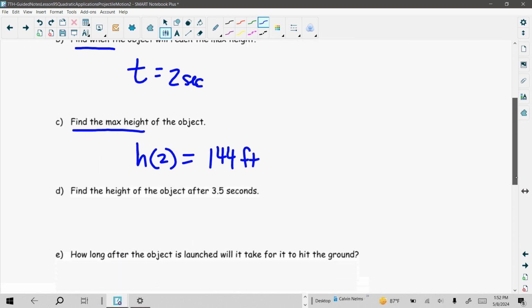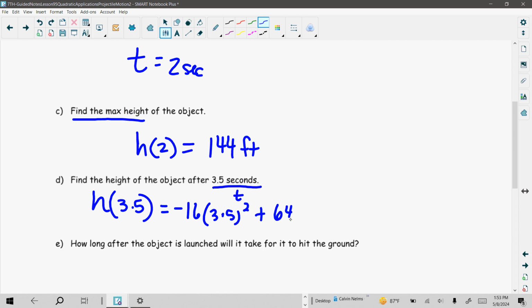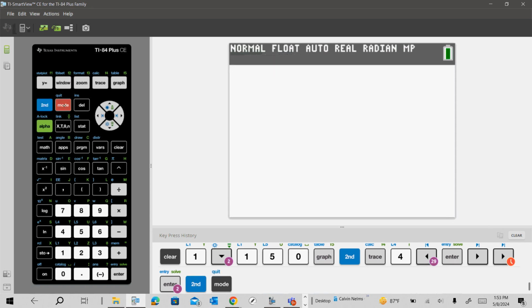All right, now it says find the height of the object after 3.5 seconds. So after 3.5 seconds, this is my t. So I could plug in the 3.5 into the formula: negative 16 times 3.5 squared plus 64 times 3.5 plus 80. I can go to my calculator, just to my blank screen here, and type it in that way using the parentheses.